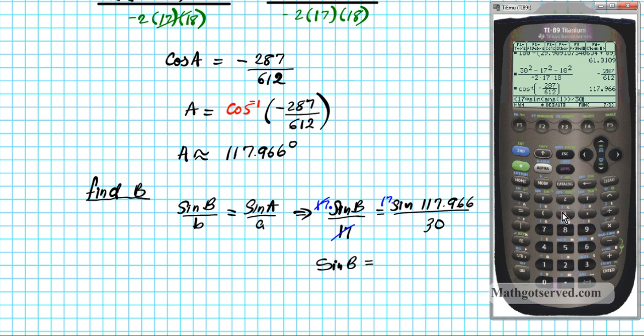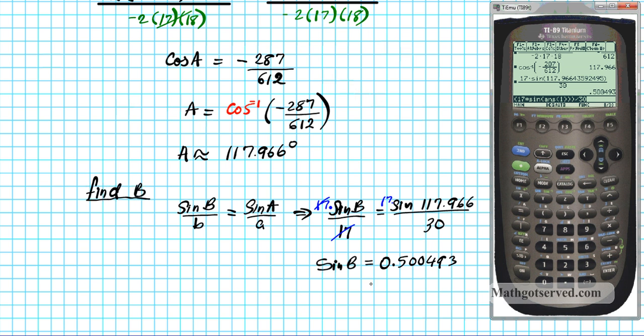Okay, I'm missing the parenthesis. Let me see what I did here. I didn't close my numerator, so let's go ahead and do that. And our answer is going to be 0.500493. So sine B is 0.500493.